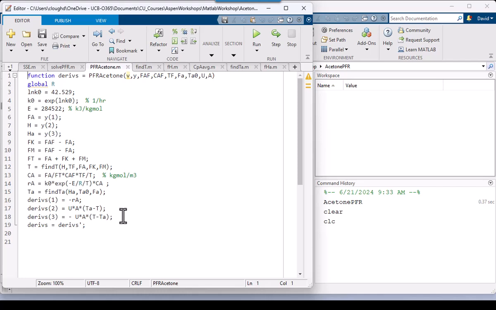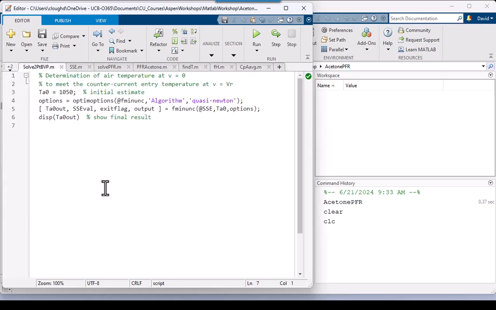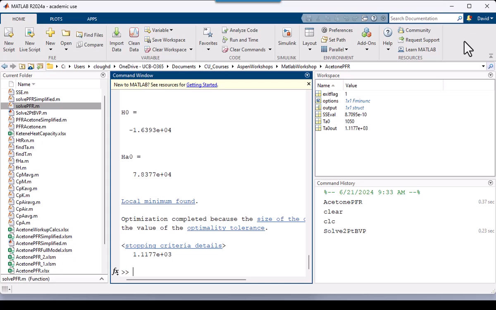What we can then do is solve the model using our solve two-point boundary value problem. Same type of approach using fminunc, and solve this, run it, and it thinks it's solved. Let's go to the command window.